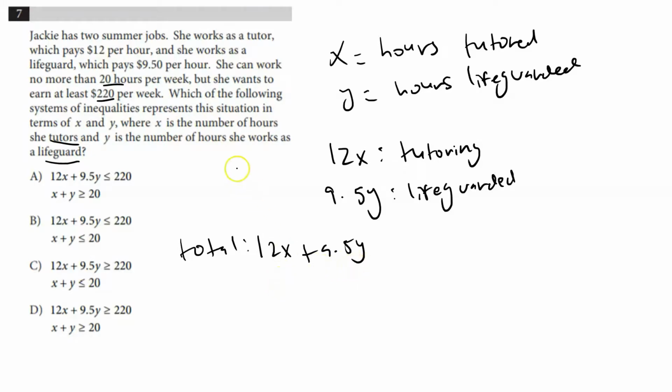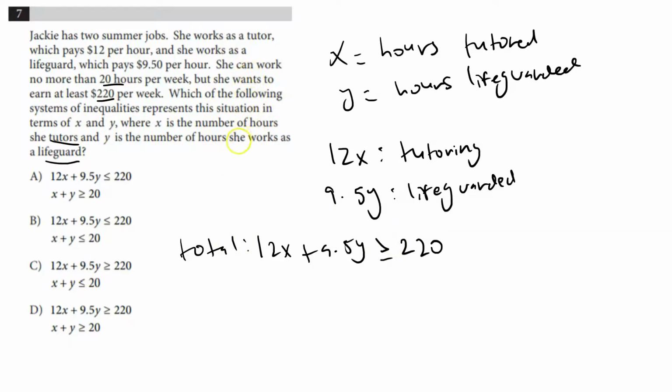So what else do we want to know? She wants to earn at least $220 a week. So this total sum should be greater than or equal to 220, because she can either make 220 or make more. And then there's also another condition.